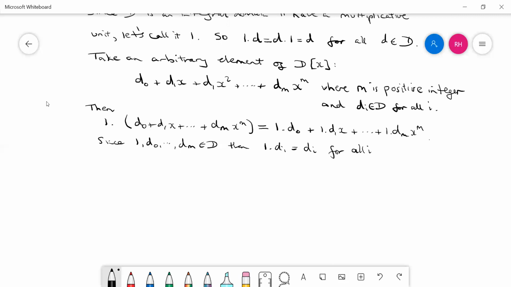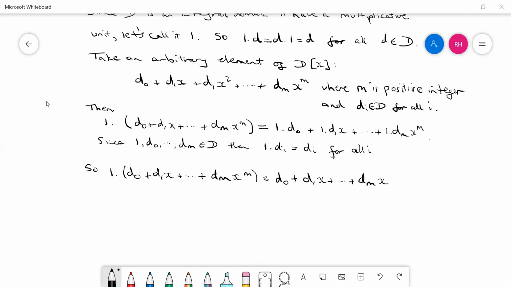So 1 times d0 is just equal to d0, and this one here is just equal to d1 times x.